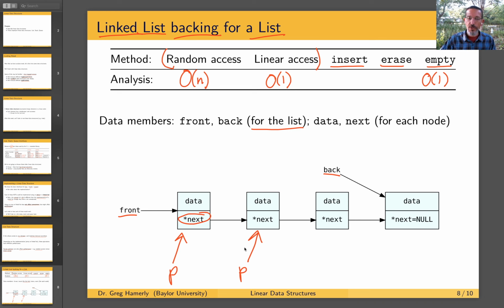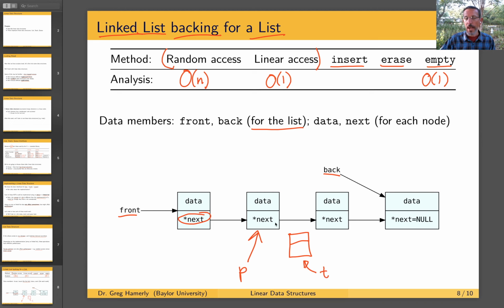Okay, suppose that I want to insert, I'm going to get rid of this and this. Let's suppose I want to insert something just after this node P that I'm pointing to with P. What are the steps to insert? Well, I have to create the node, right? Create the node. Then I'm going to have a temporary pointer to that node.